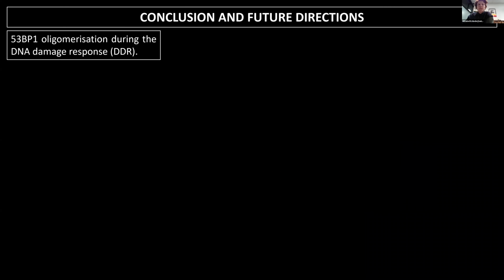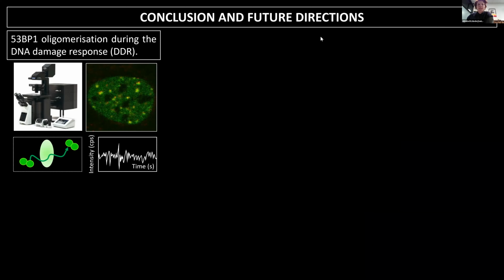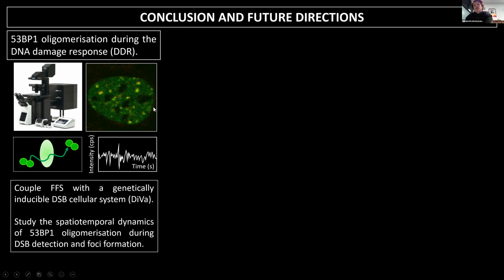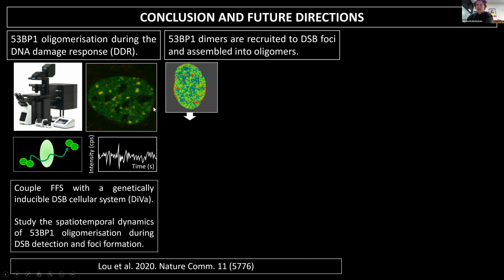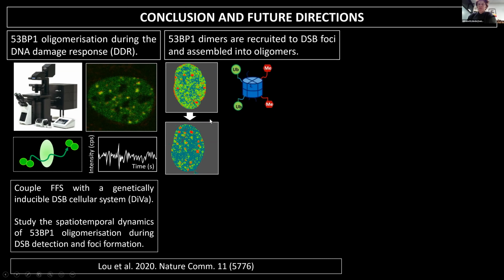So in conclusion, from coupling the double-strand break inducible cell system, BEVA, with fluorescence fluctuation spectroscopy, we were able to study 53BP1 spatiotemporal dynamics. In particular, we found that 53BP1 dimers could be tracked by extending the pair correlation to a cross-pair correlation analysis. And we could track the redistribution of this dimeric fraction in the nucleoplasm to the double-strand break foci.